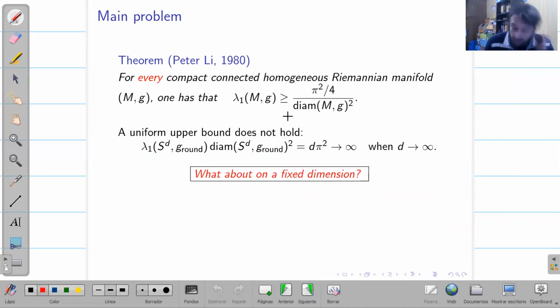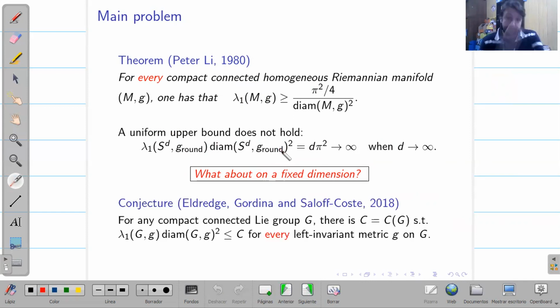But I guess you also ask yourself, what about if you fix the dimension of M? Because of course here we are changing the dimension. Well, this is an open problem, and a few years ago, Eldredge, Gordina, and Saloff-Coste made a precise conjecture for a particular case of this, the one that we mentioned in the previous slide.